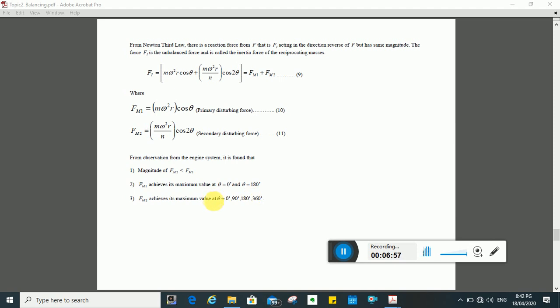And when theta equals 0, 90 degrees, 180 degrees, or 360 degrees, the secondary disturbing force is at its maximum value, where cos 2 theta gives the value 1 at this angle.